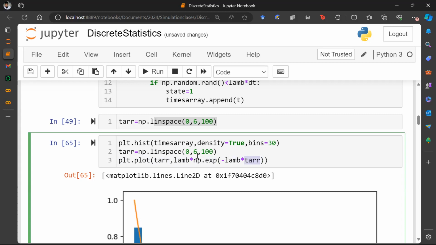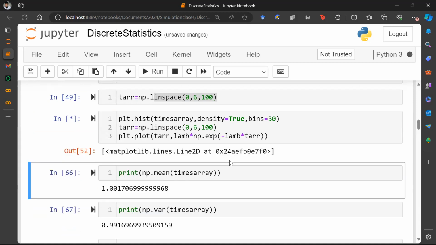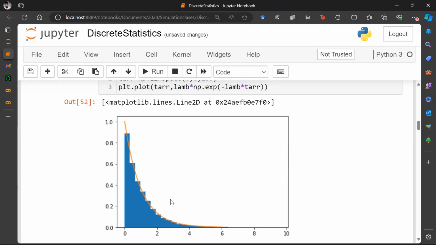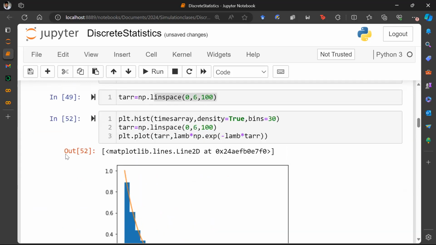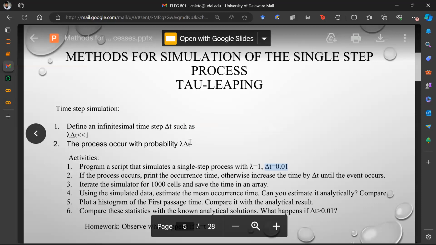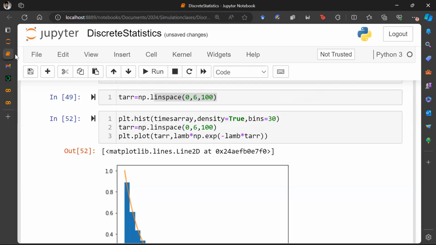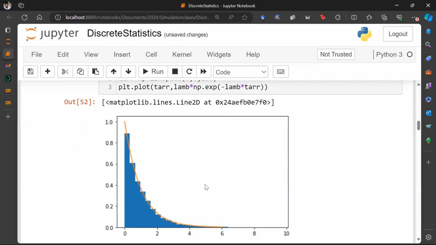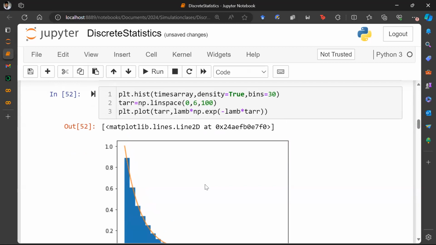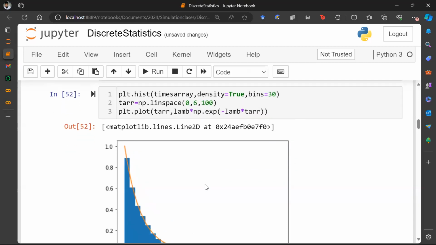So essentially tr is the array of time. And I get something like this, as I expected, exponential. Makes sense? Yes. Okay.